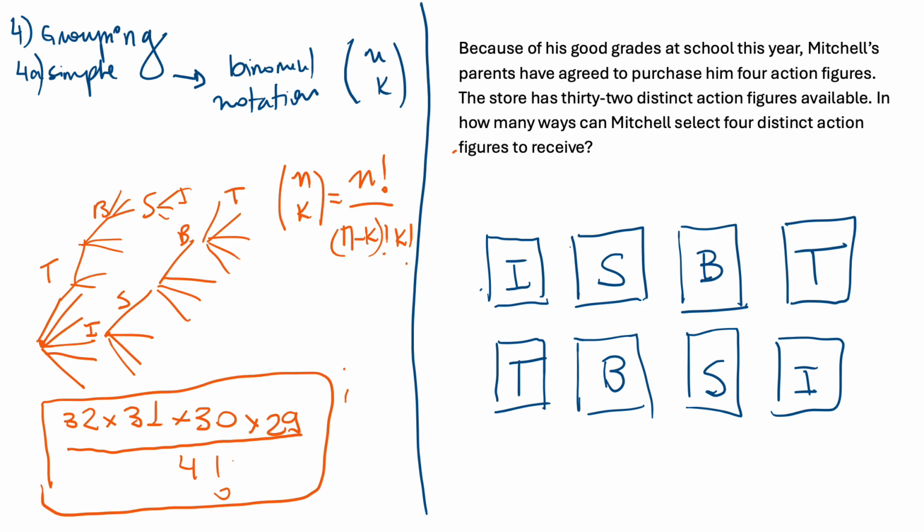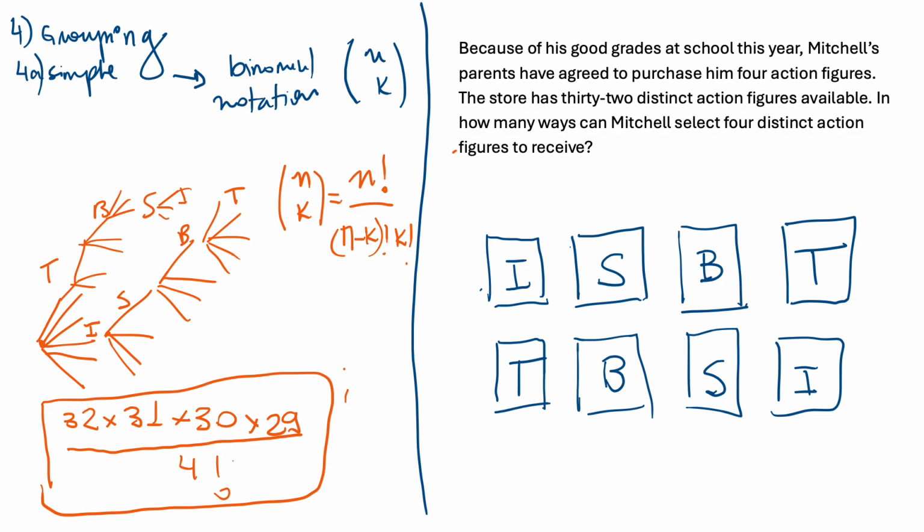These 24 options are actually just 1. So I have to divide. I have to get rid of all this repetition. This is grouping, and this is the reasoning behind grouping.